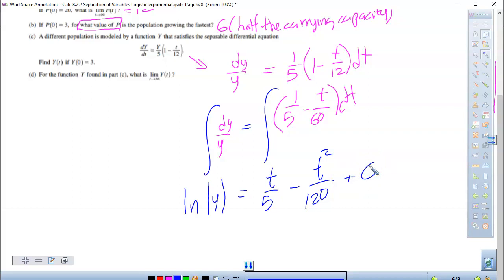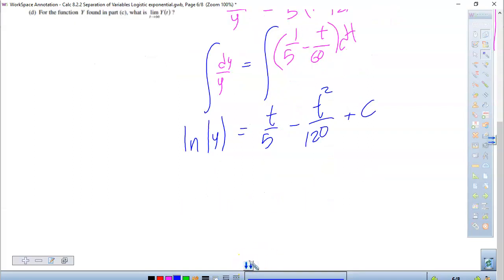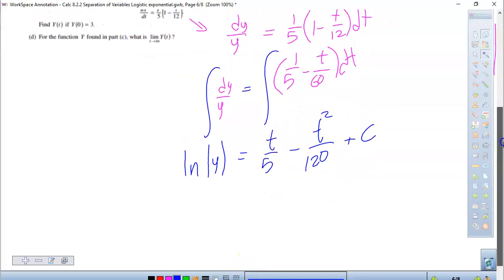Alright, so we have an initial condition: 0, 3. Getting this into exponential form, y will equal e to all of that.